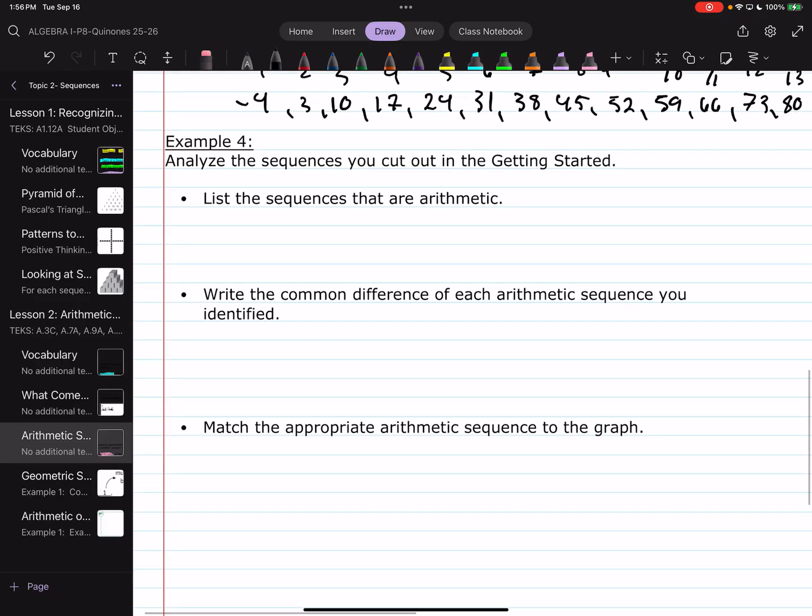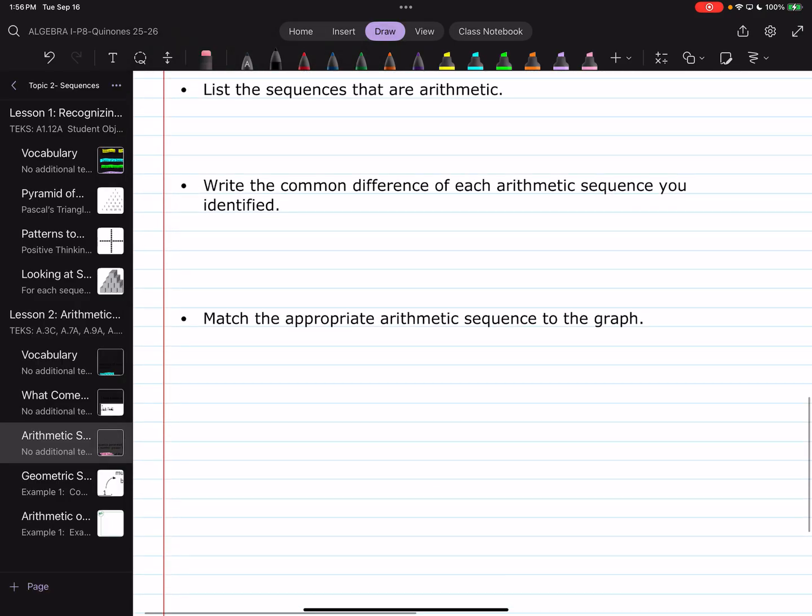All right, everybody, here we go. Talk to me, Chloe's group. I want you to match one of the graphs with the correct arithmetic sequence. Let's talk about graph 1. Which sequence matches with graph 1? Don't take too long.